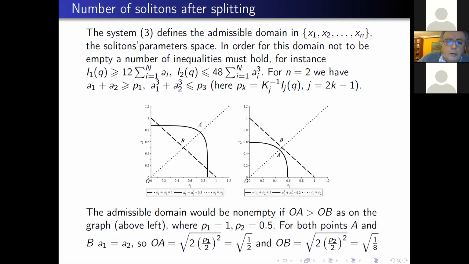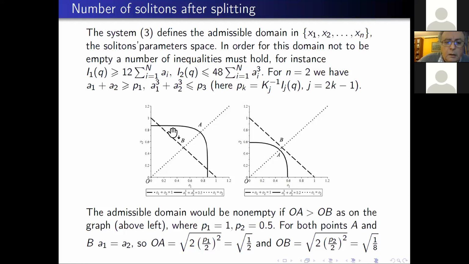Then we have to obtain some point A1, A2 in a space of parameters, which can be found only between two curves. In this situation, there is no solution to the problem of two solitons splitting.